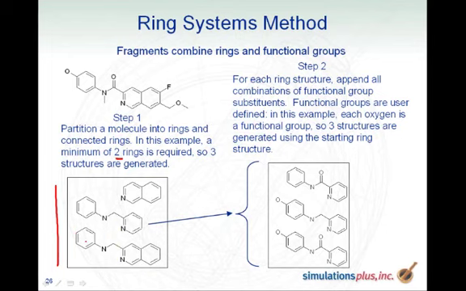The next step is to take each one of these ring structures and append functional groups. So it would take this middle one and add the carbonyl oxygen. In another step, it would add the hydroxyl OH group, and then finally combine these two to make these.